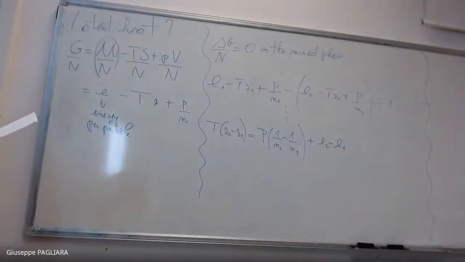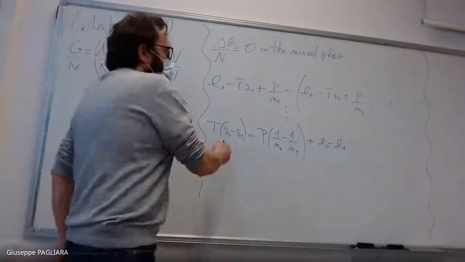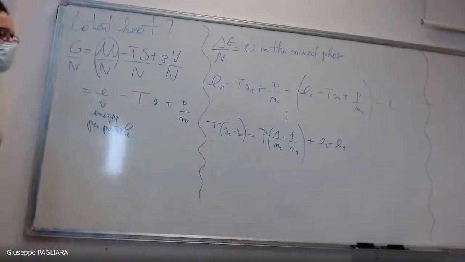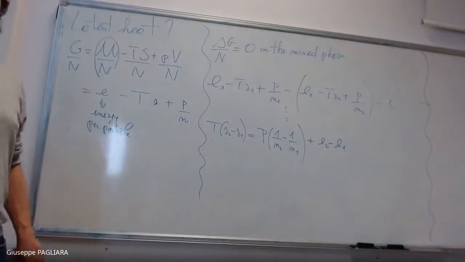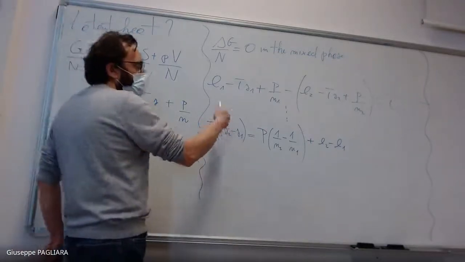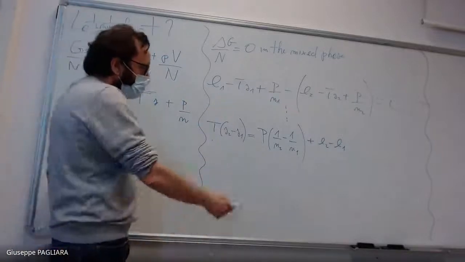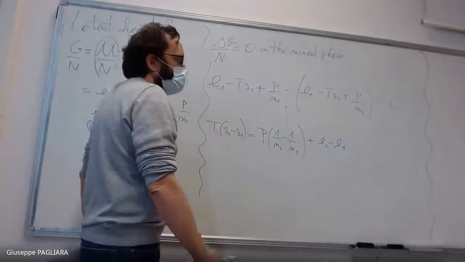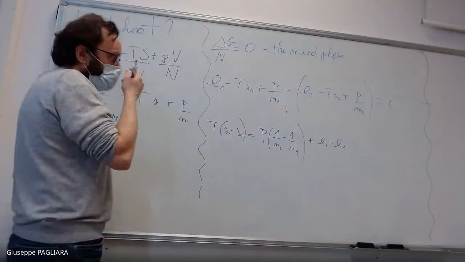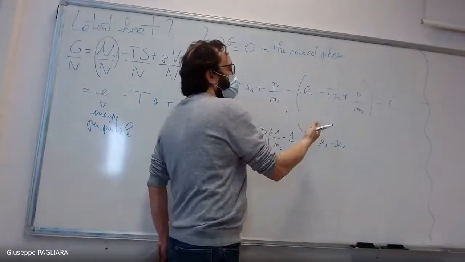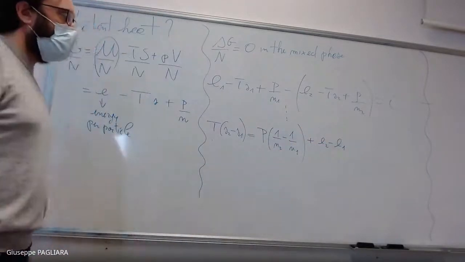T(S2 minus S1) is equal to the pressure times that difference, and A2 minus A1. Now, this reminds us of the first principle of thermodynamics, because we have a P times delta S. Here I have a P times a difference of volume, and here a sort of difference of internal energy.